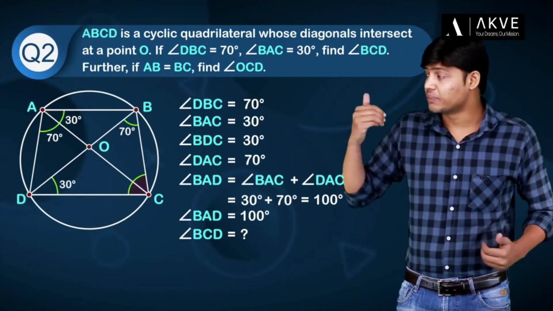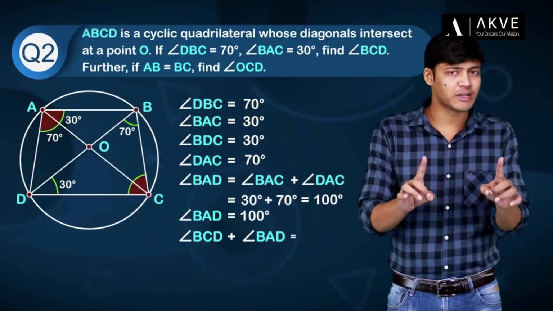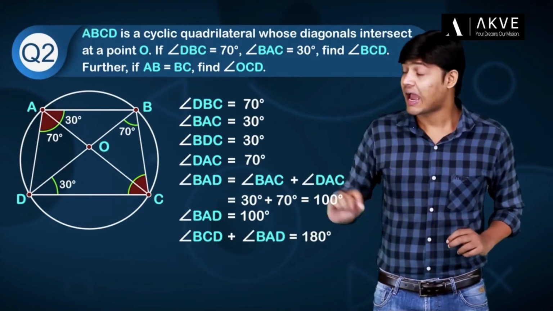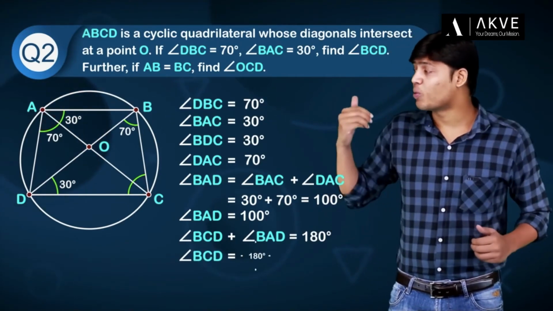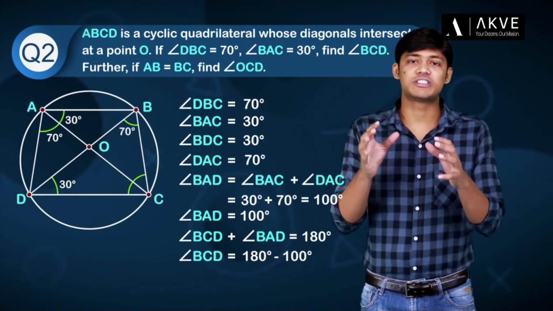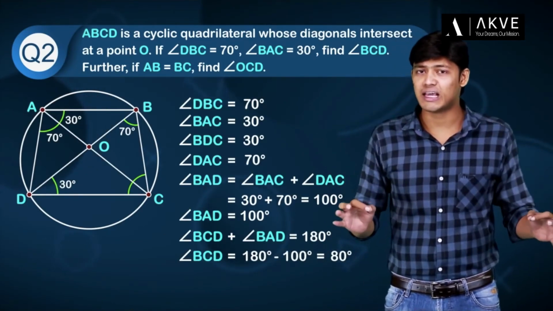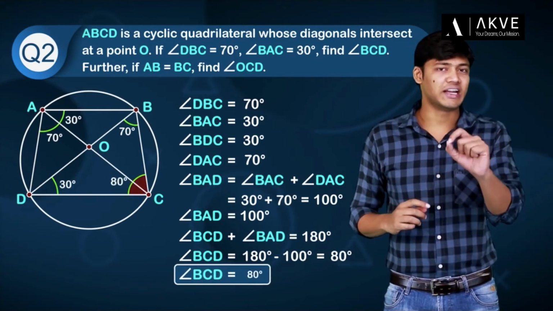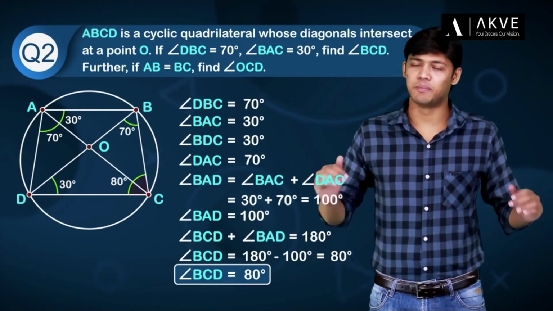So, the angle BCD plus the angle BAD must be equal to 180 degrees, and from this, the angle BCD will be equal to 180 minus 100, which is nothing but 80 degrees. So therefore, the angle BCD is 80 degrees. So one part of our question is completed.